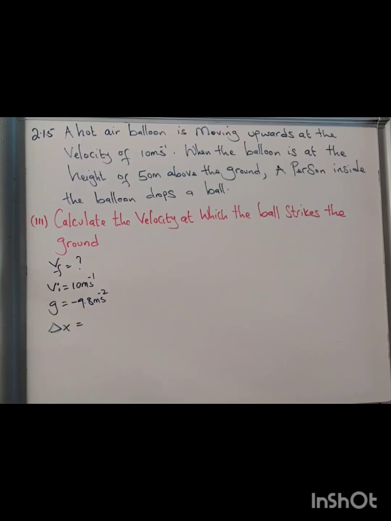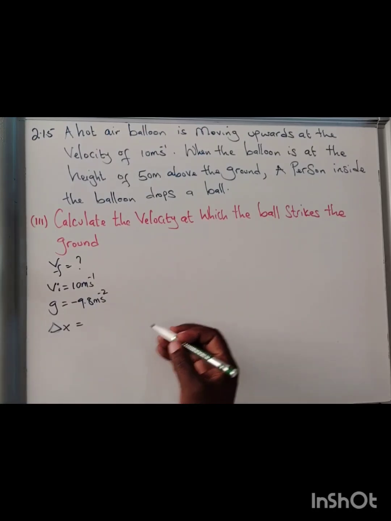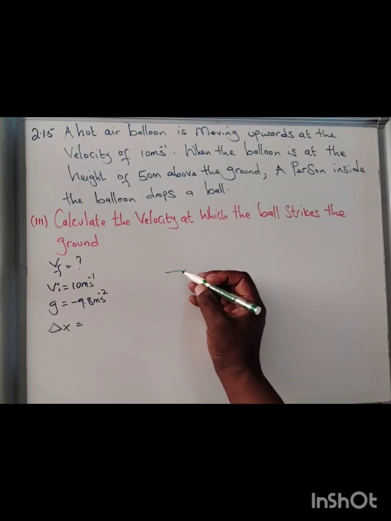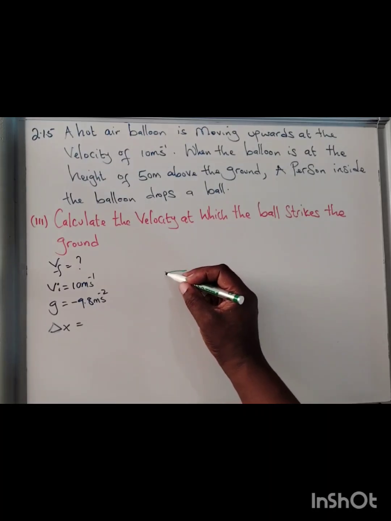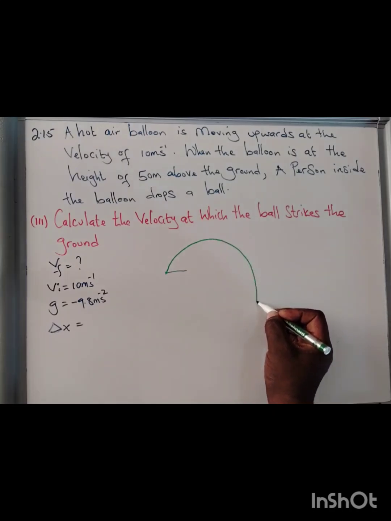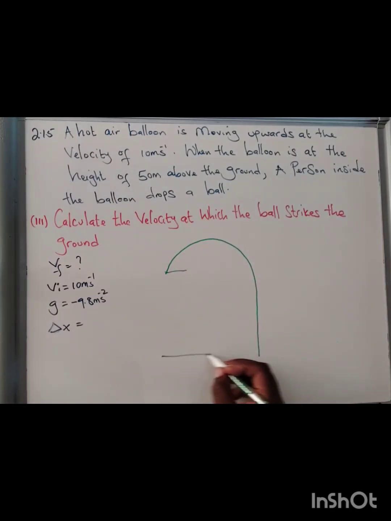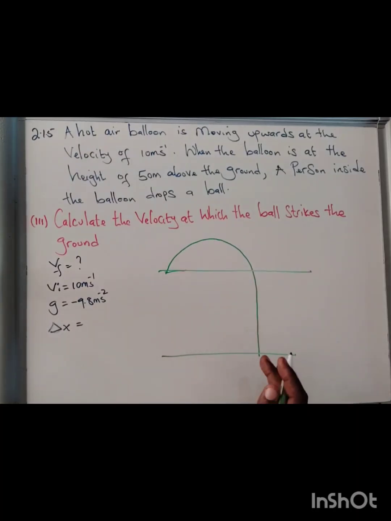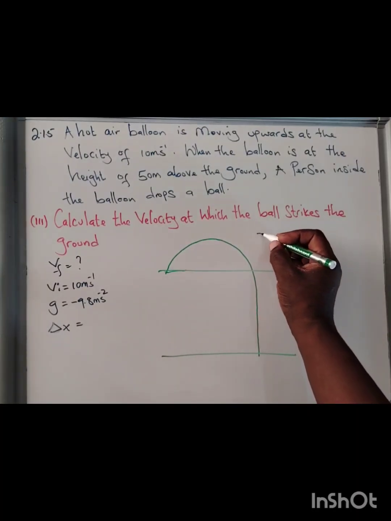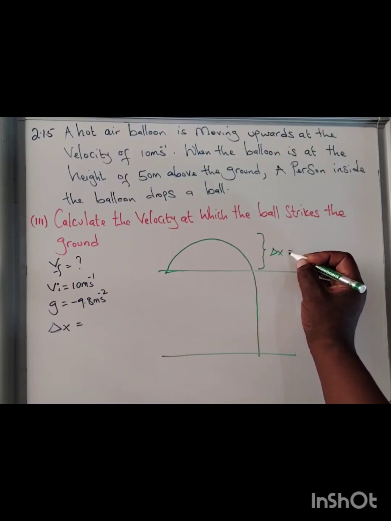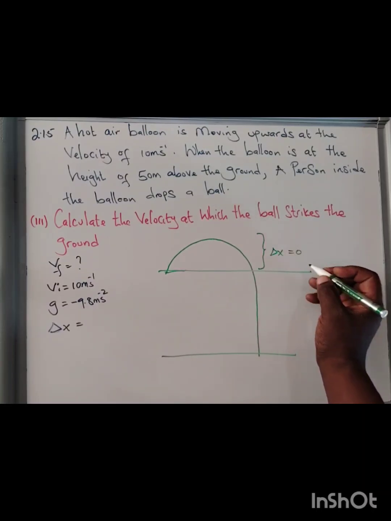Let us analyze this together. We said that if you have this one as the point of projection, and the ball reached maximum height, came down and struck the ground, the displacement covered during this time is 0. Why?